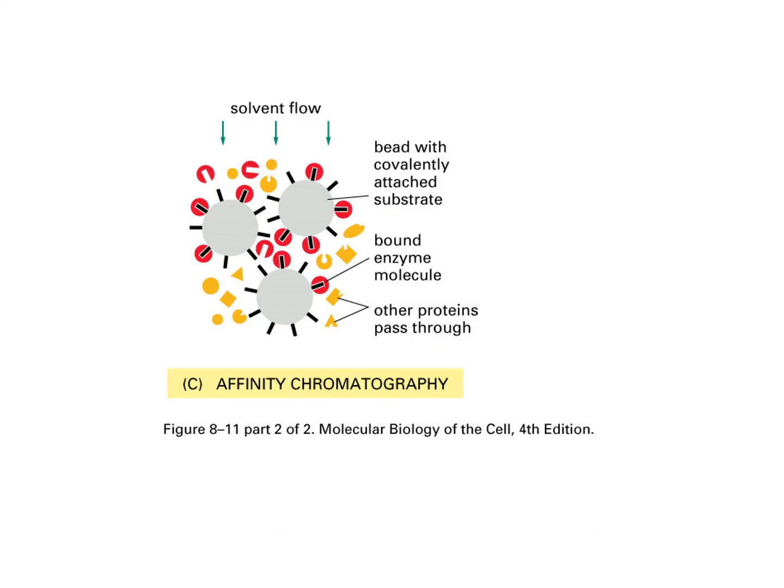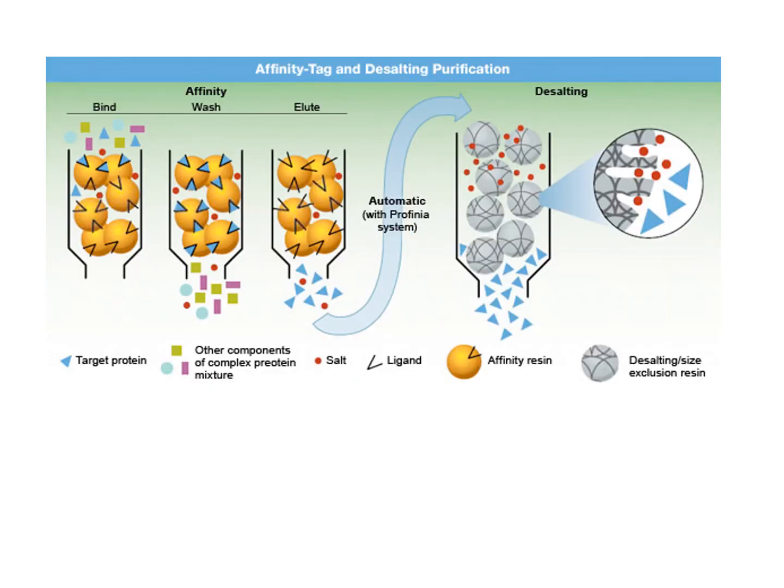And this just shows affinity chromatography. And here's another one. You bind, you have an affinity wash. Look, all the other proteins are dropping out. Then you do an elution, and then you have some type of salt or other mechanism that you can knock the red proteins off with, it looks like the red proteins are bound.